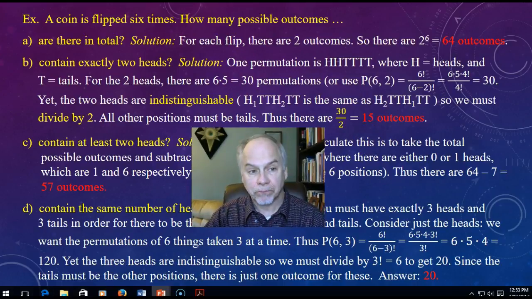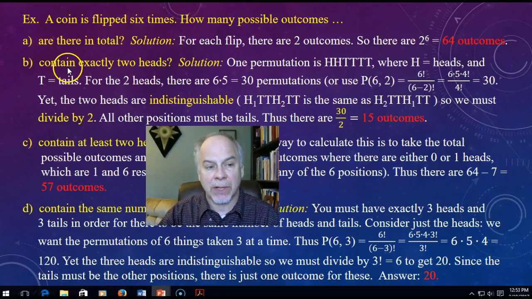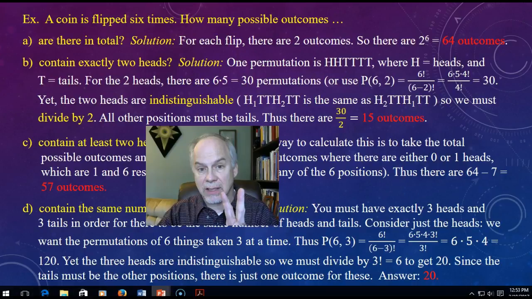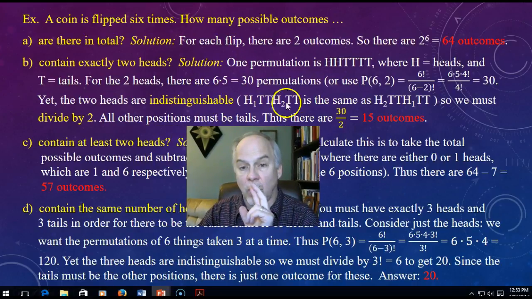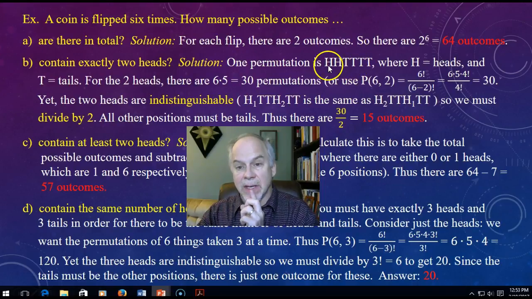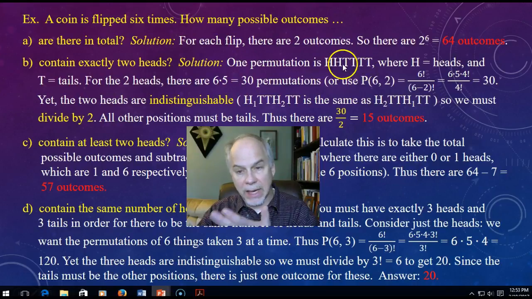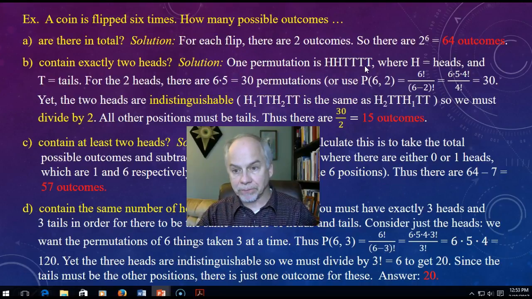All right. In letter B, it asks how many possible outcomes contain exactly 2 heads. All right. Now, one permutation or arrangement of the heads and the tails is HH and then TTTT. So that's putting the 2 heads right at the beginning. But of course, the heads could be anywhere in that list.